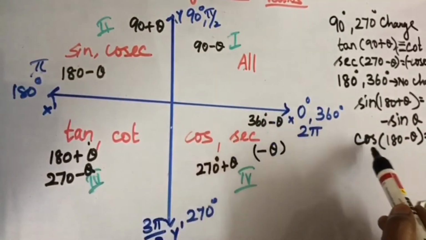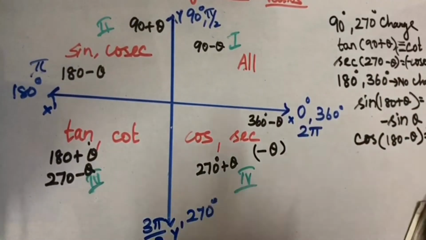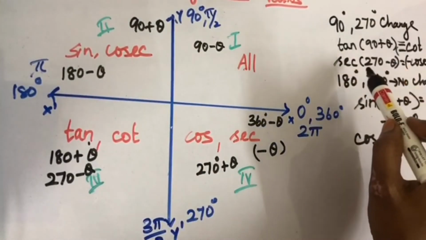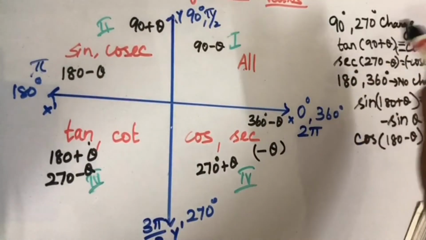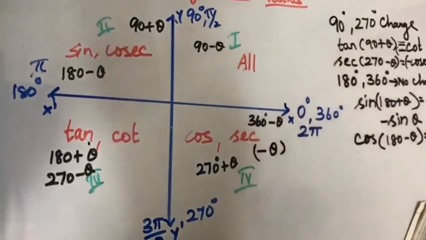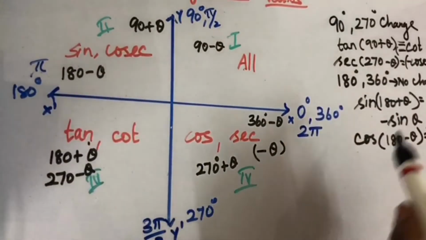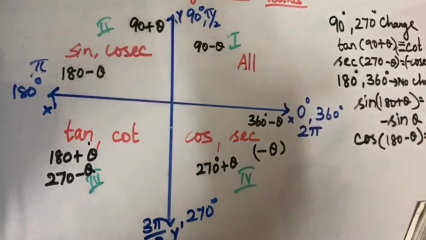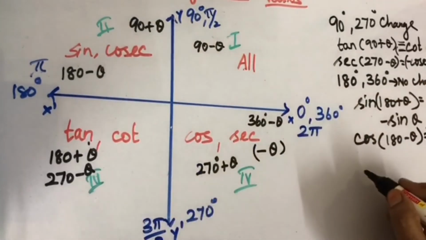In the second quadrant cos is negative, so it is minus cos theta. So with tan 90 plus theta and 270 minus theta, tan becomes cot. Secant will become cosecant. But when it comes to 180 and 360 degree, sin 180 plus theta remains as sin theta. Only the sign will change. Okay, when 180 comes, for 180 and 360 there is no change.